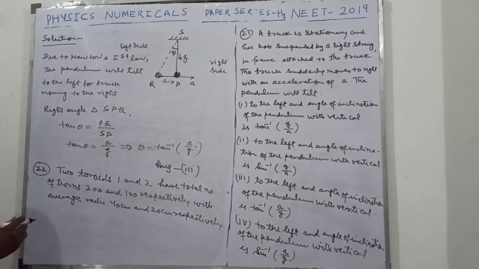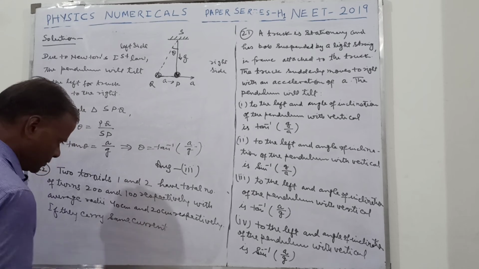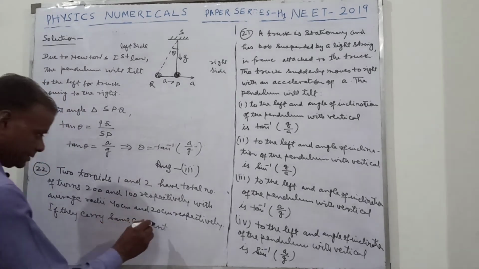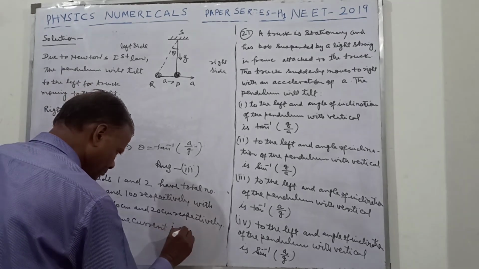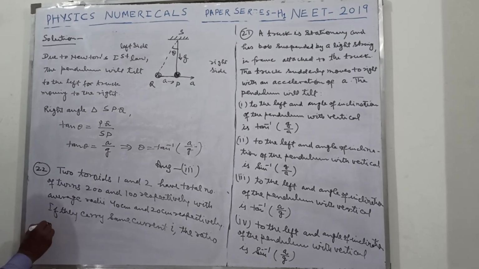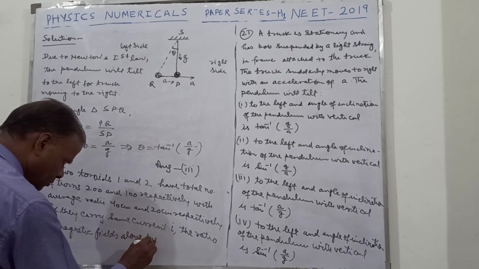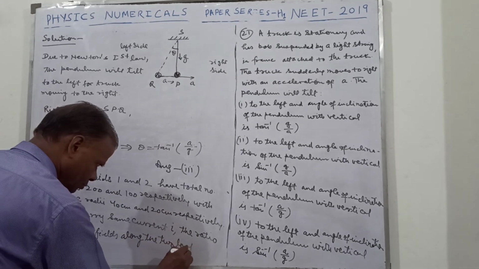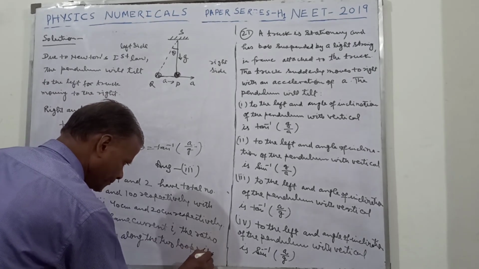If they carry the same current I, the ratio of magnetic fields along the two loops is, and now options.